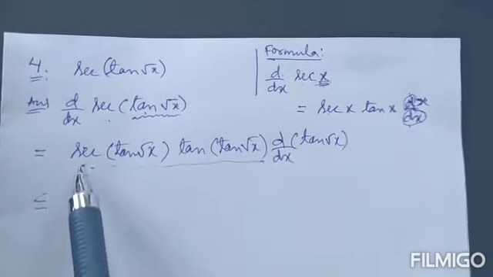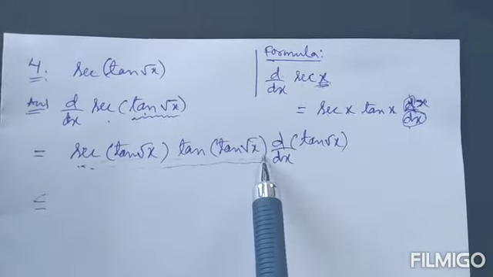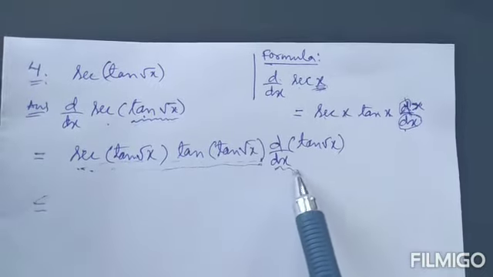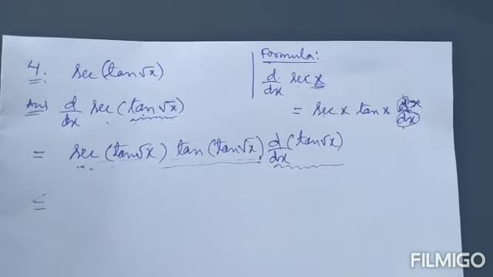So in the next line, this term will remain the same. I have to differentiate only d by dx of tan of root of x.